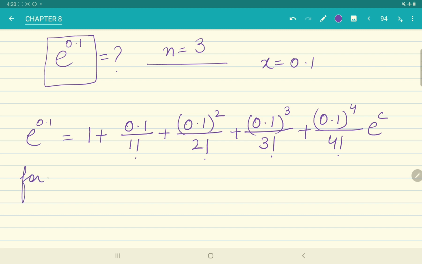I should then write for some c between 0 and x. So x here is 0.1, so I should write for some c between 0 and 0.1. Now c is between 0 and 0.1. That means I can write for some c belonging to this interval.